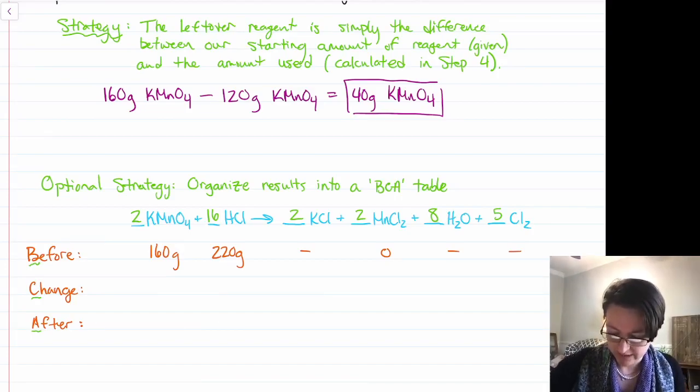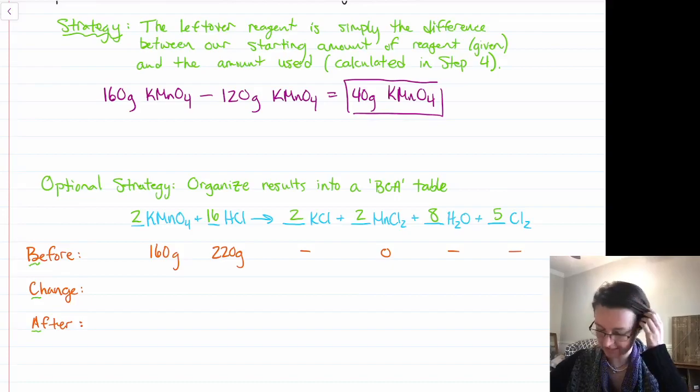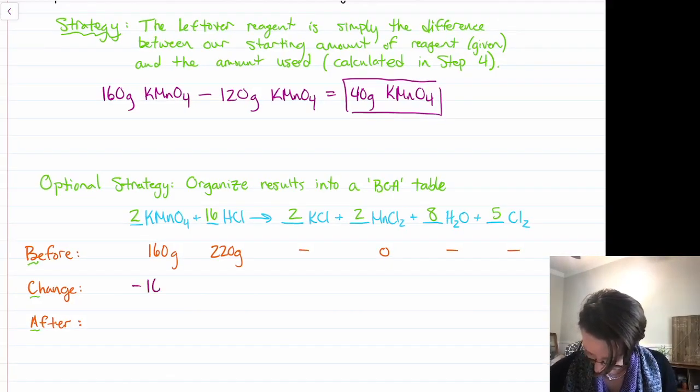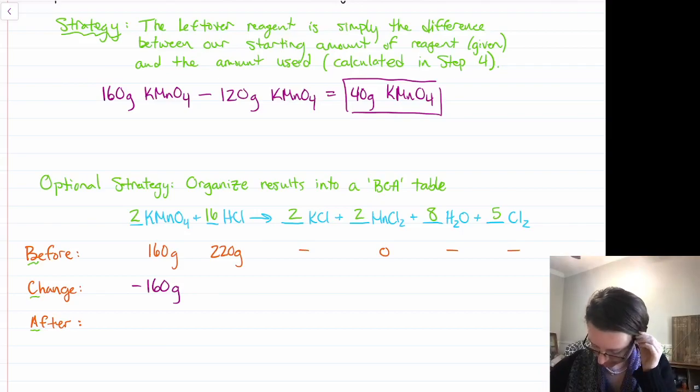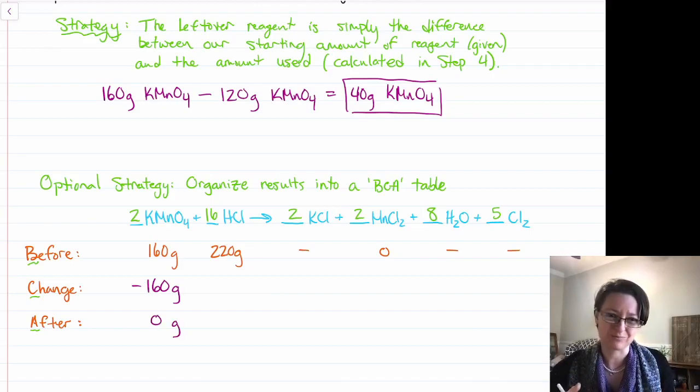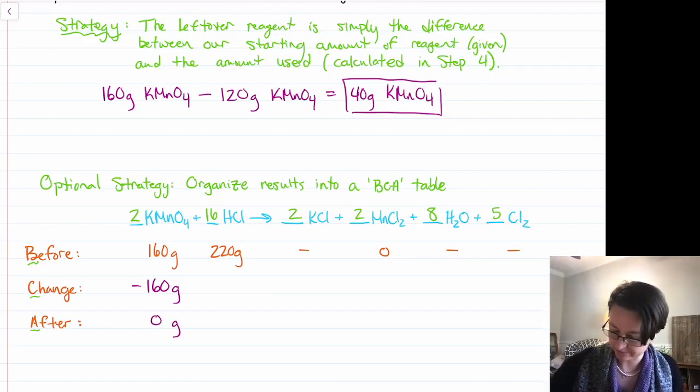So in our table, because we know that our potassium permanganate is the limiting reagent, we know that all of it gets used up. So to write this change row, I'm going to say that we use 160 grams of it, and after the reaction is over, there is none of it left over. And that's what it means by definition to be the limiting reagent.